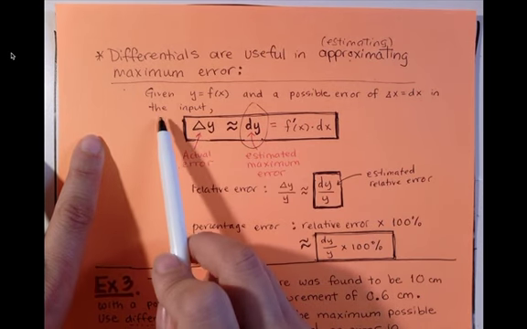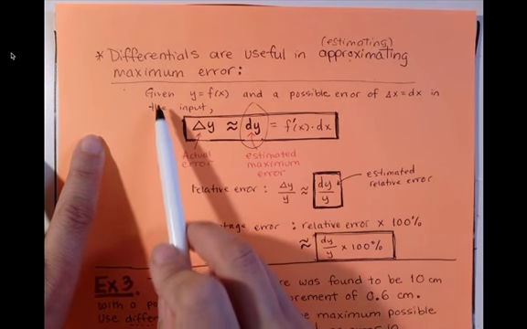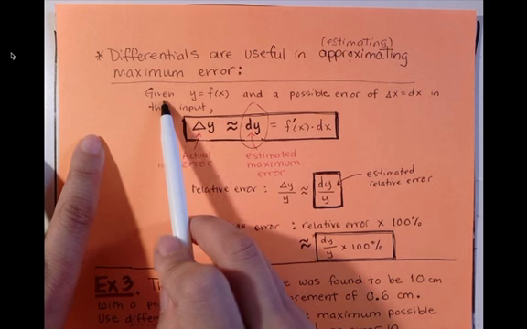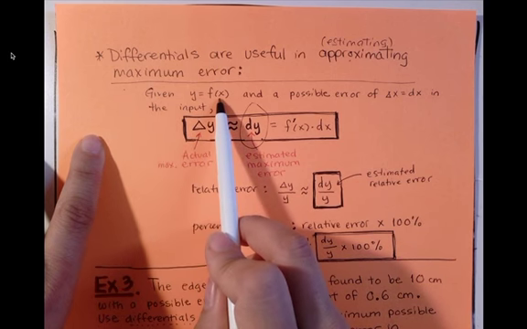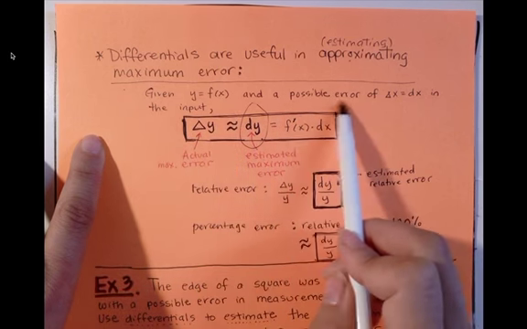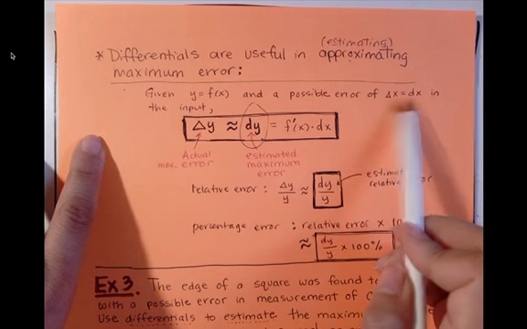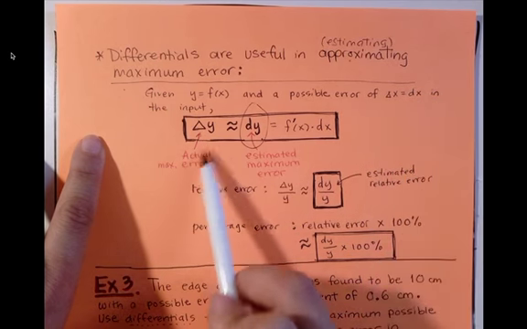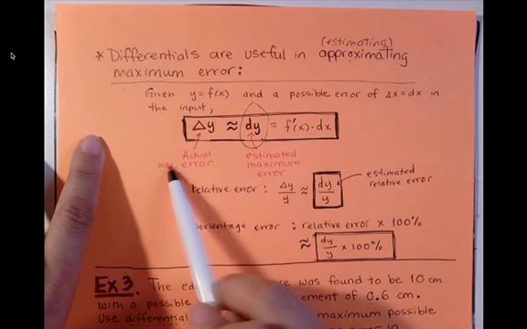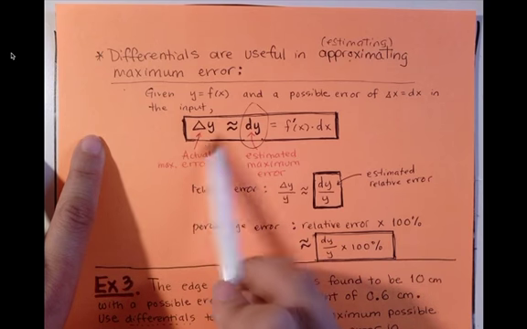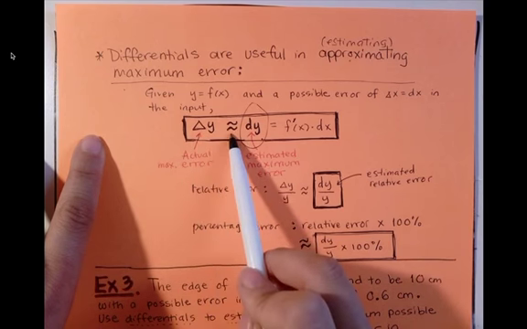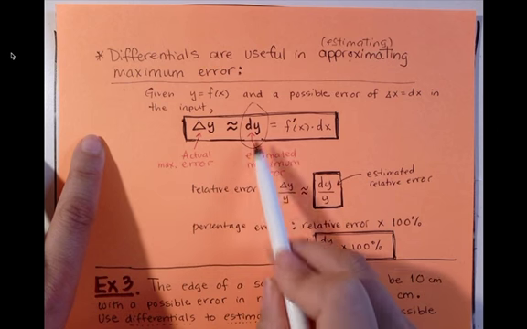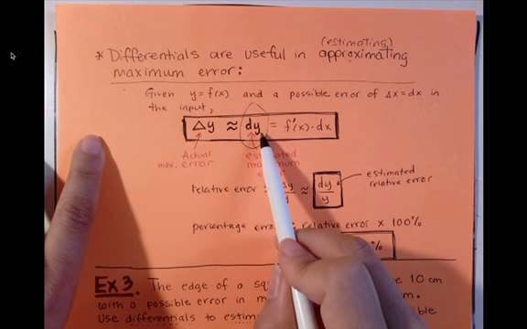Here's the really general idea. If you're given a function y equal f of x, and you're given a possible error for the input values, then the actual maximum error in the outputs is approximately given by the differential of the dependent variable.